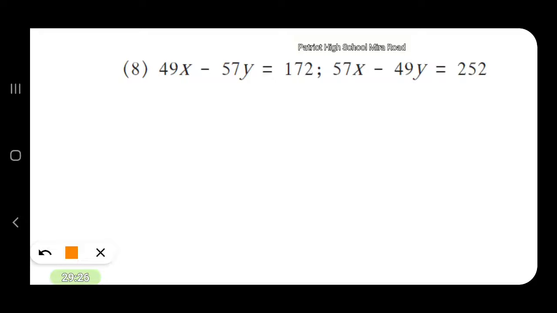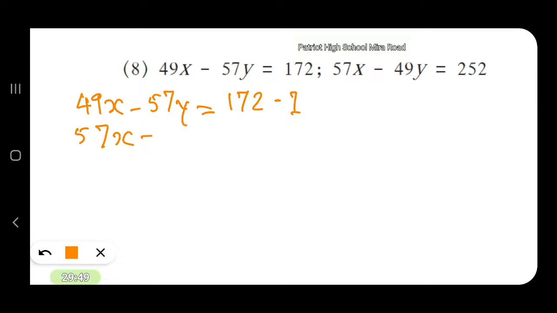Example 8. Writing the equations one below the other, we have 49x minus 57y is equal to 172. Equation 1. Then equation 2 is 57x minus 49y is equal to 252.